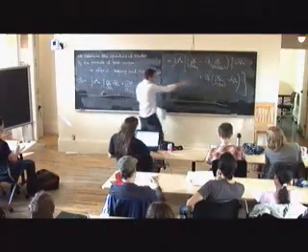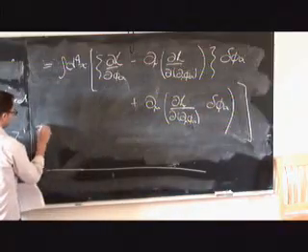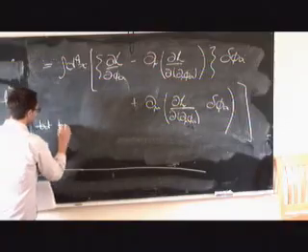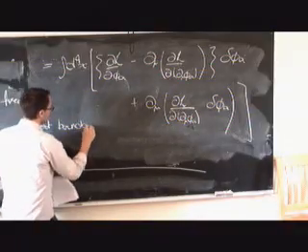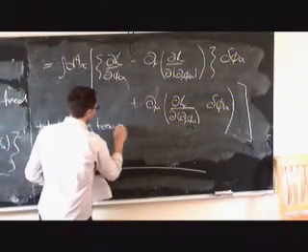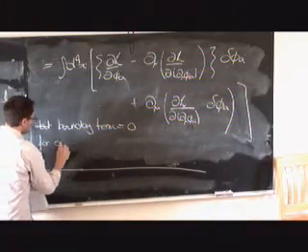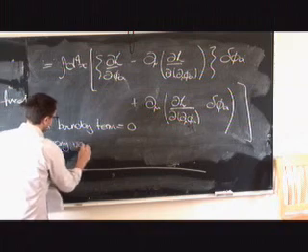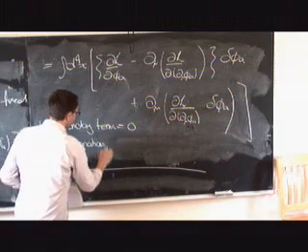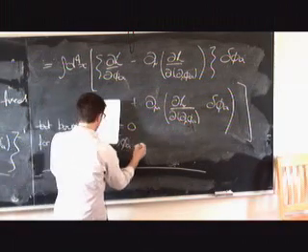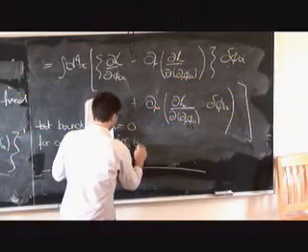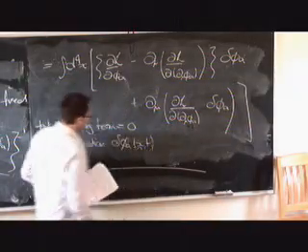Okay, so now this vanishes. But why does it vanish? Well, it vanishes for any variation delta phi a of x and t.